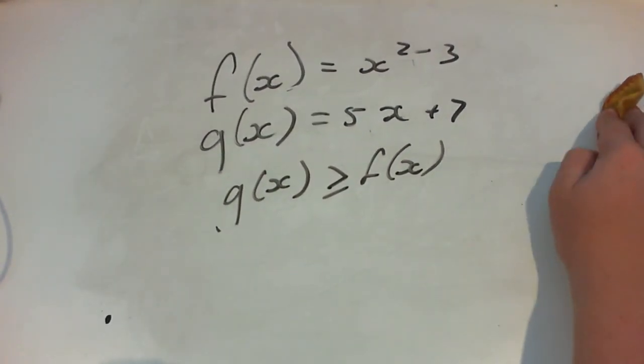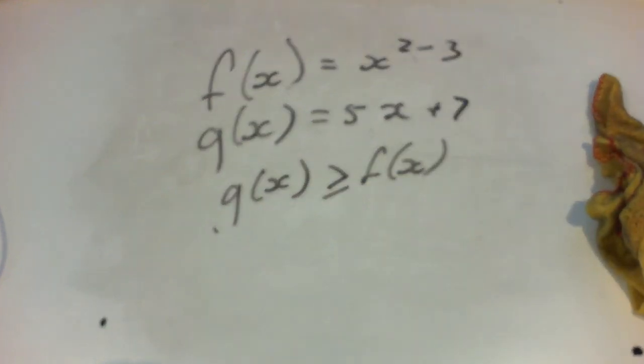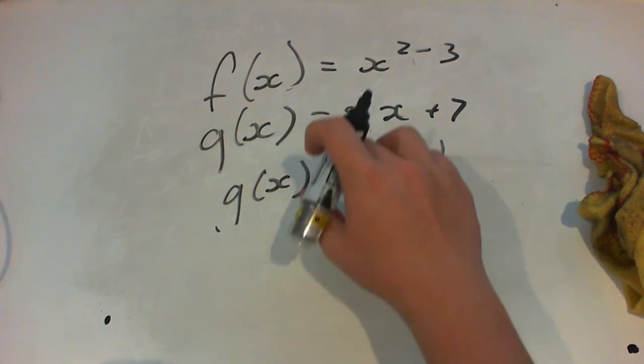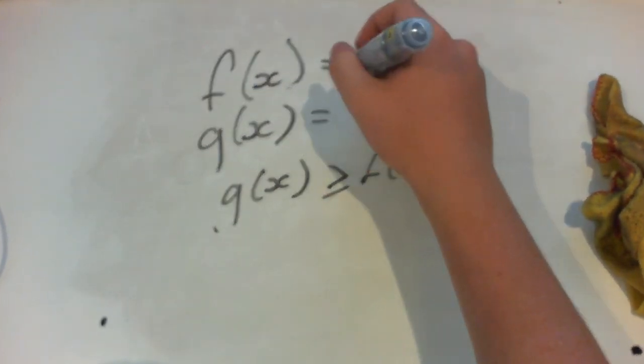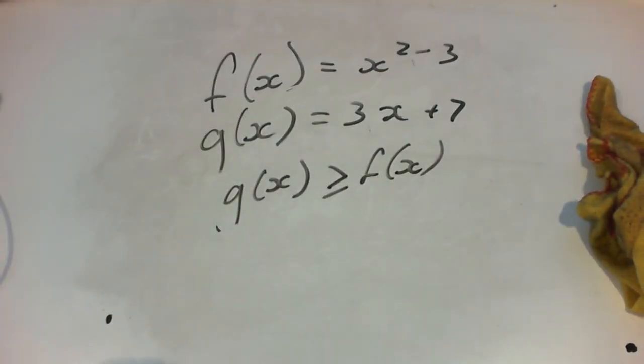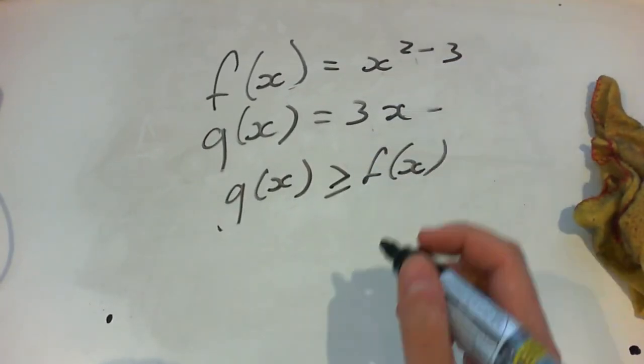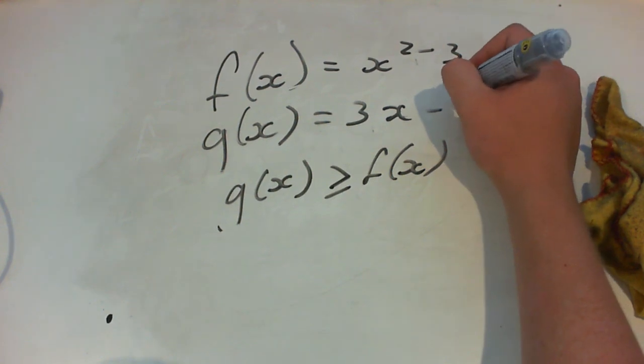Okay, so instead of making it 5x plus 7, let's say x squared minus 3x minus 5.